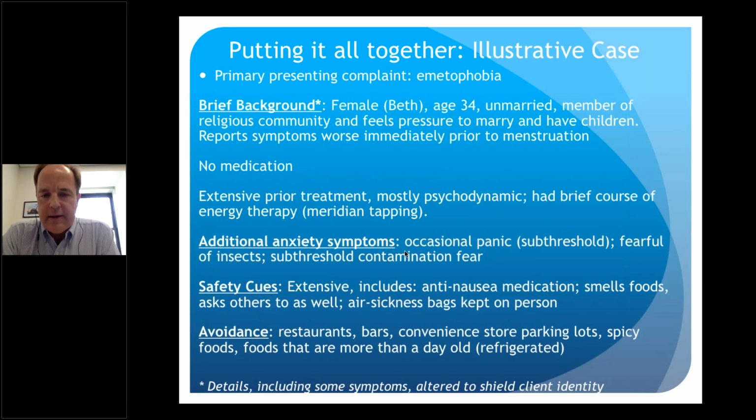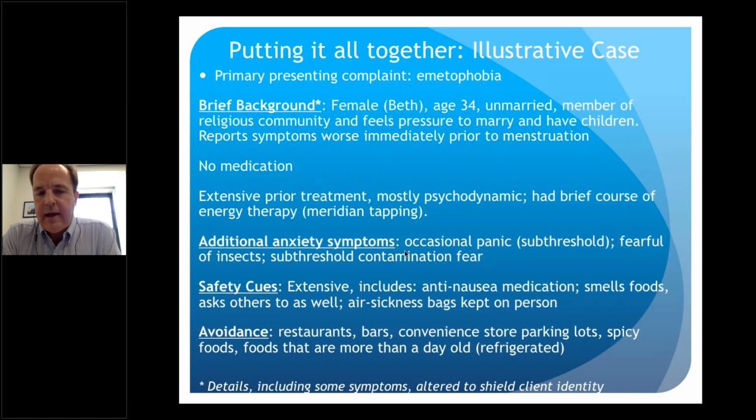Her safety cues are extensive, and some of them include the following. She keeps on hand anti-nausea medication at all times. She checks her food extensively and asks others as well regarding the food quality when she's about to eat. And she also keeps air sickness bags on hand so that if she does feel the urge to vomit, she's prepared and ready to use it.